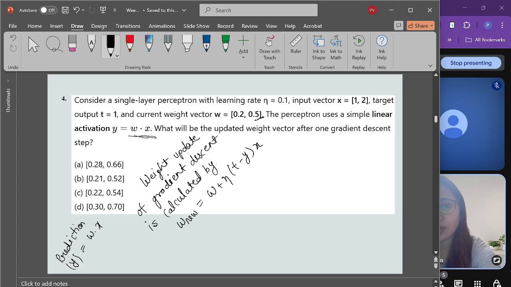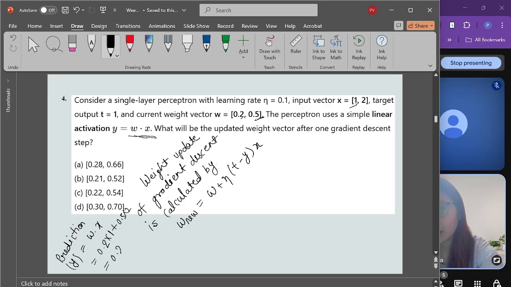Already it is given that the perceptron has simple linear activation, so y is w into x. The weight vector is 0.2, 0.5, and the input vector is 1, 2. So we have to multiply 0.2 into 1 plus 0.5 into 2, right?